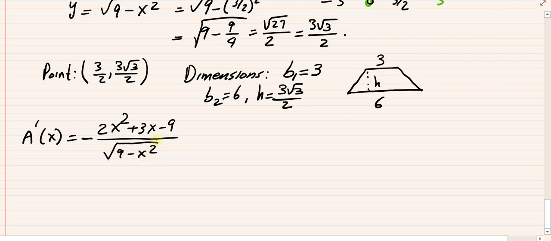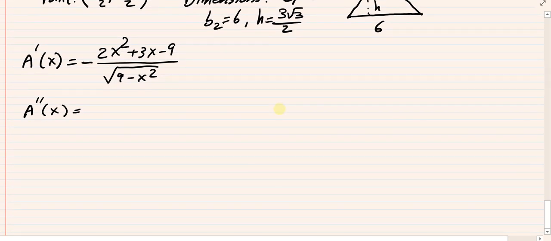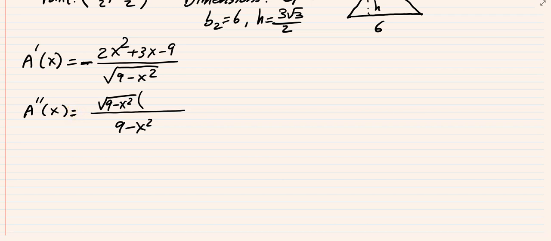Okay, now the derivative of this itself is going to be, I'm going to square the denominator, so it's just going to be 9 minus x squared, and then repeat the denominator times the derivative of the numerator. And of course it's negative, right? So let's keep the negative outside as a factor. There you go.